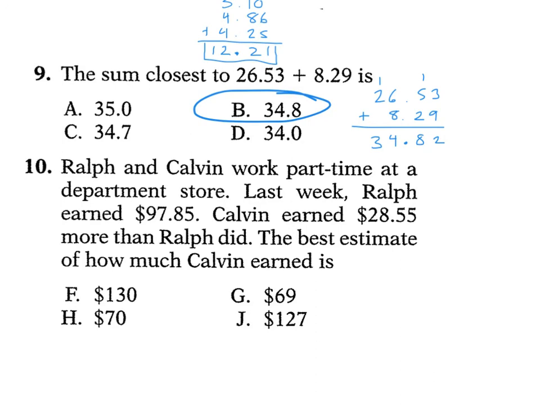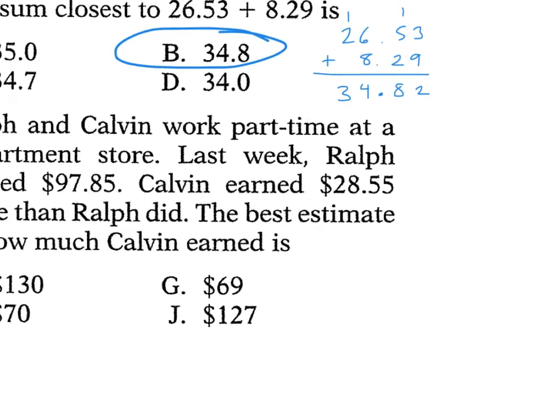For number 10, Ralph and Calvin worked part-time at the department store. Last week, Ralph earned $97.85. Calvin earned $28.55 more than Ralph did. The best estimate of how much Calvin earned is, so we need to add these two together.